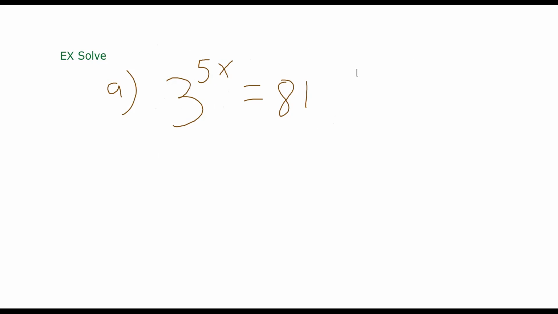So instead, at this stage of the game, we're going to need to use a little trickery. See if we can use a little bit of logic. The first hint I'll give you is that if this was 3 to the 5x equals 80, I actually would not be able to solve this using this tricky little method here. The reason is that there's something unique about 81, and this is a connection we're going to make here. 81 can be written as a power of 3.